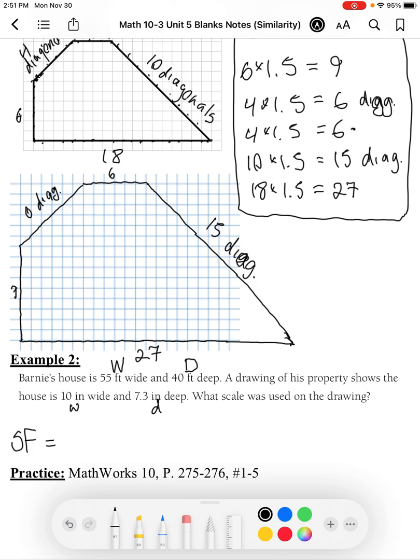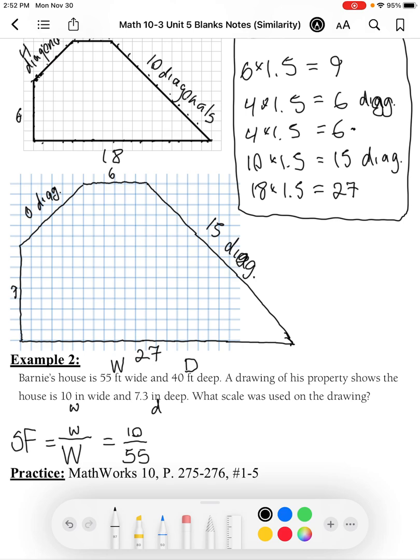So if I'm comparing width over width, the lowercase w is the drawing, so that's the new or the scale diagram, over the original, which is the actual house. That is 10 over 55.